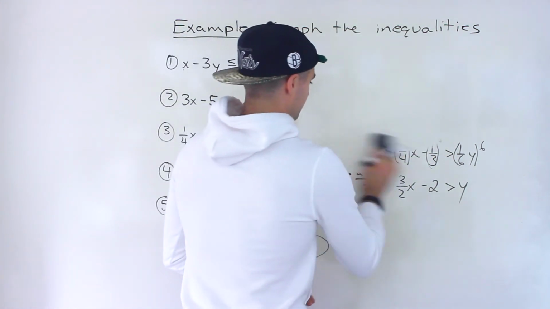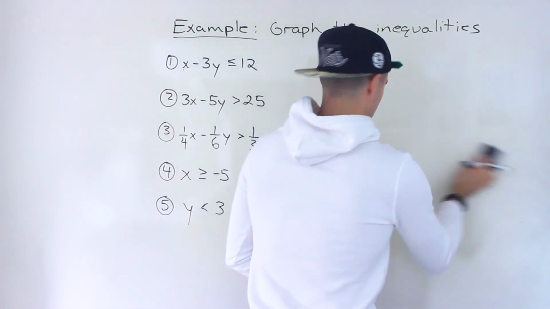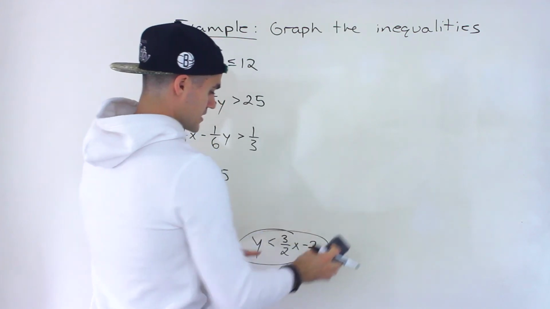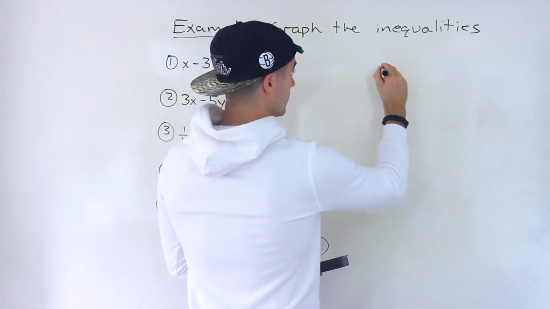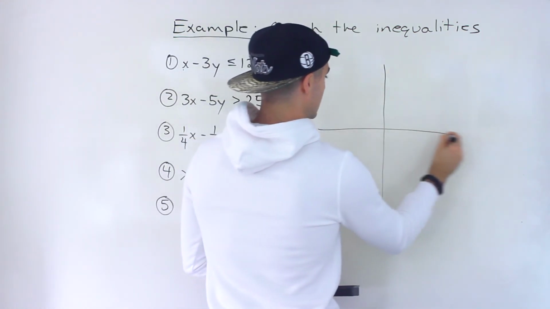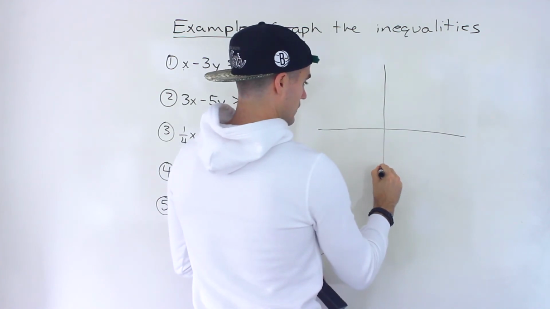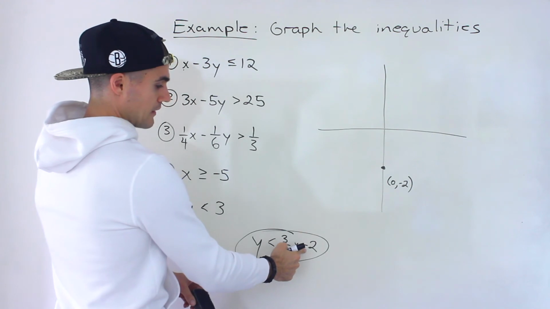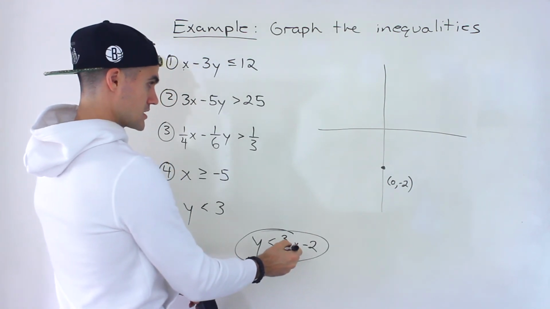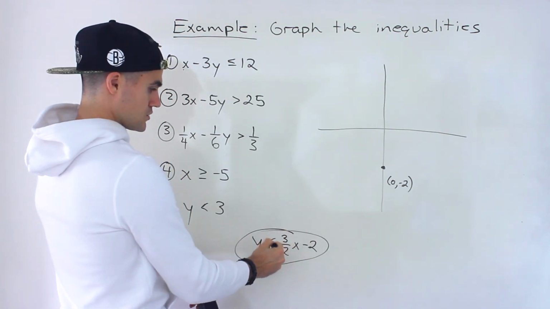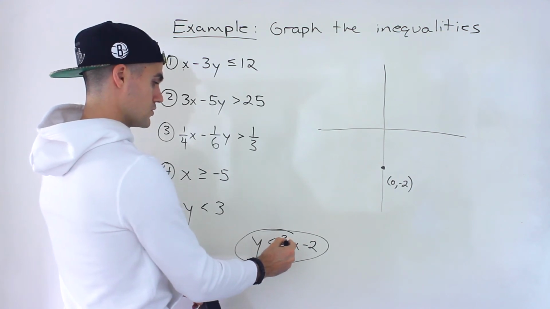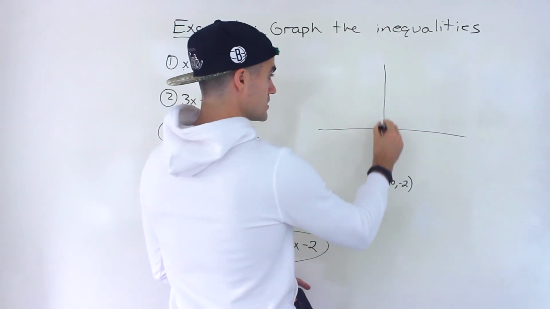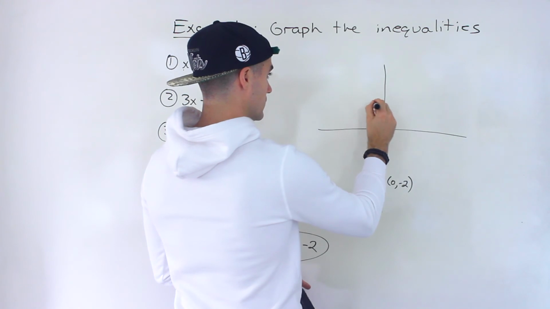Now, what we've got to do is graph this line. So notice that this line here is going to have an intercept at (0, negative 2), the b value. And let's actually just use the slope here. We're going to rise by 3. So we're going to rise from negative 2 to positive 1.